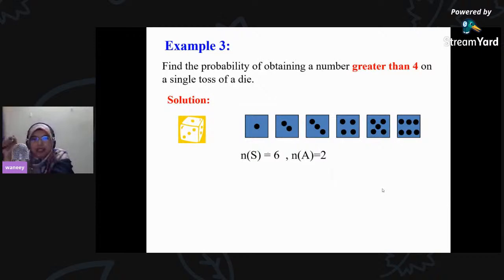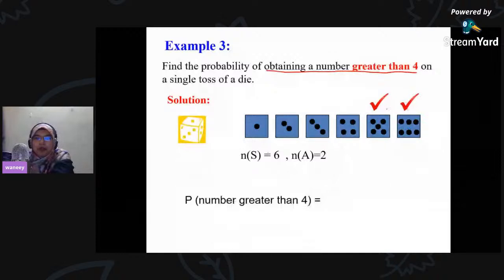And then the event is to obtain a number that is greater than 4. So what is the possible outcome? Greater than 4, it should either be a 5 or a 6. So n(A) will be equal to 2.